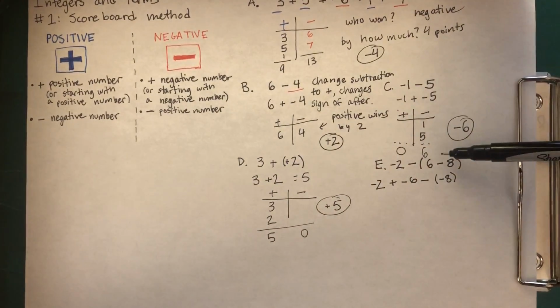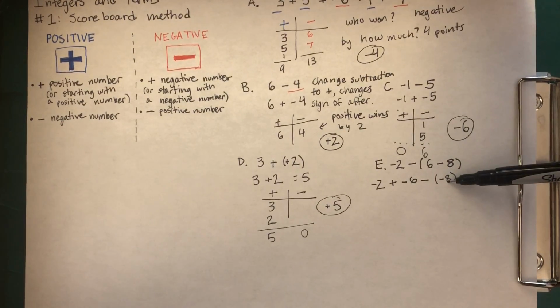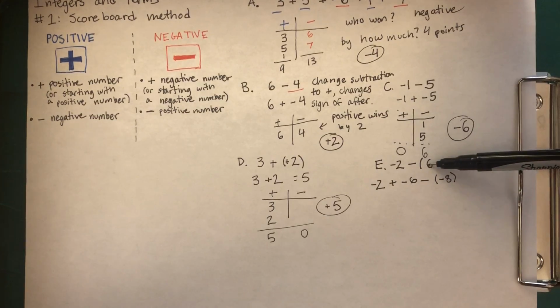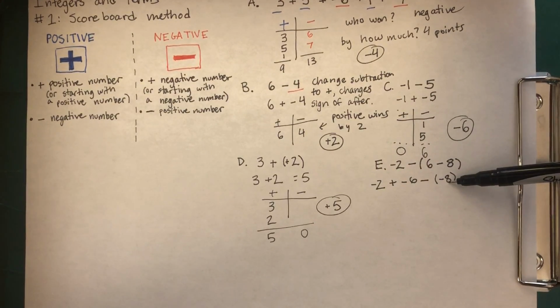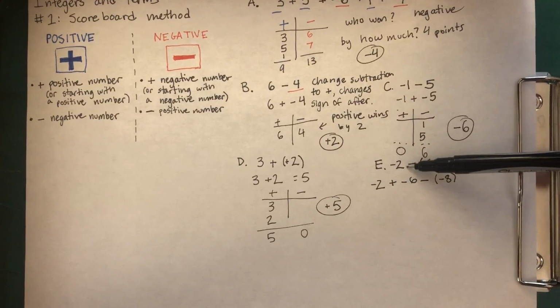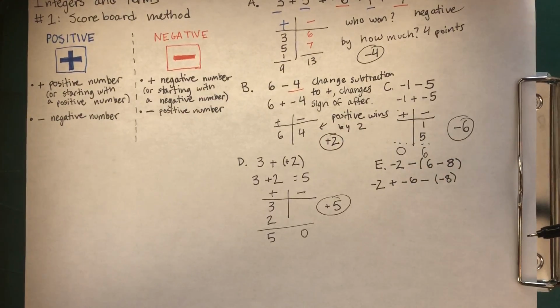So I kept this minus, but this 8 turned into a -8 because I had a +6 minus a +8, but I was subtracting. So that turned into a -6 minus a -8 to get rid of this subtraction and turn it into addition.